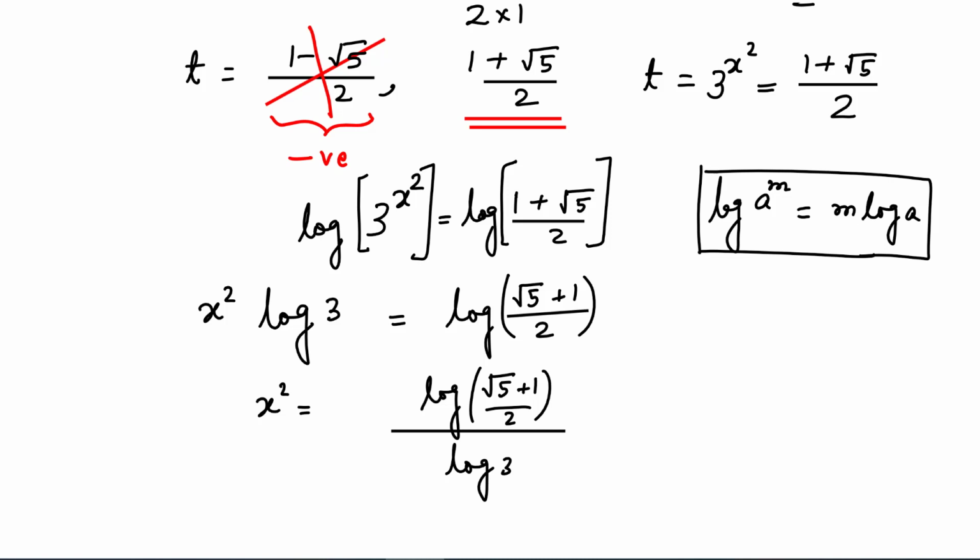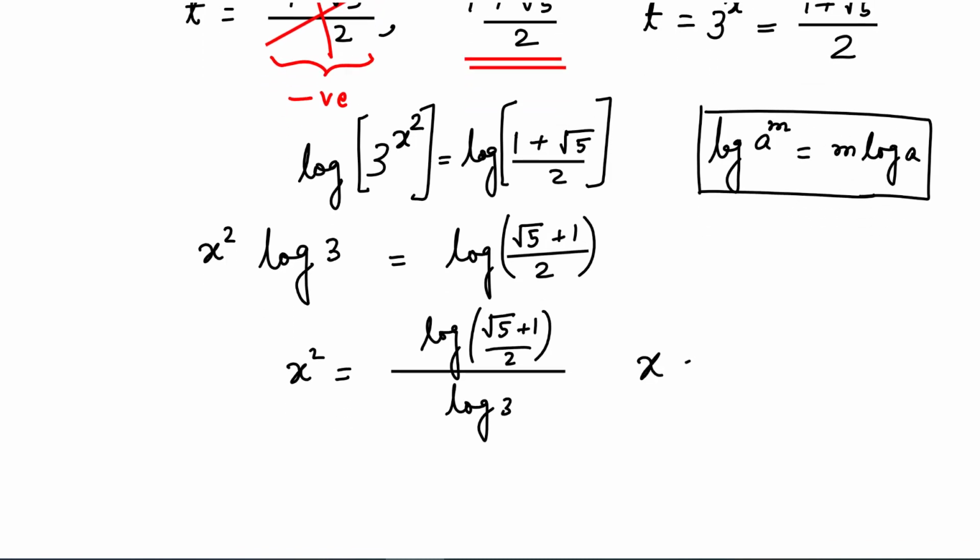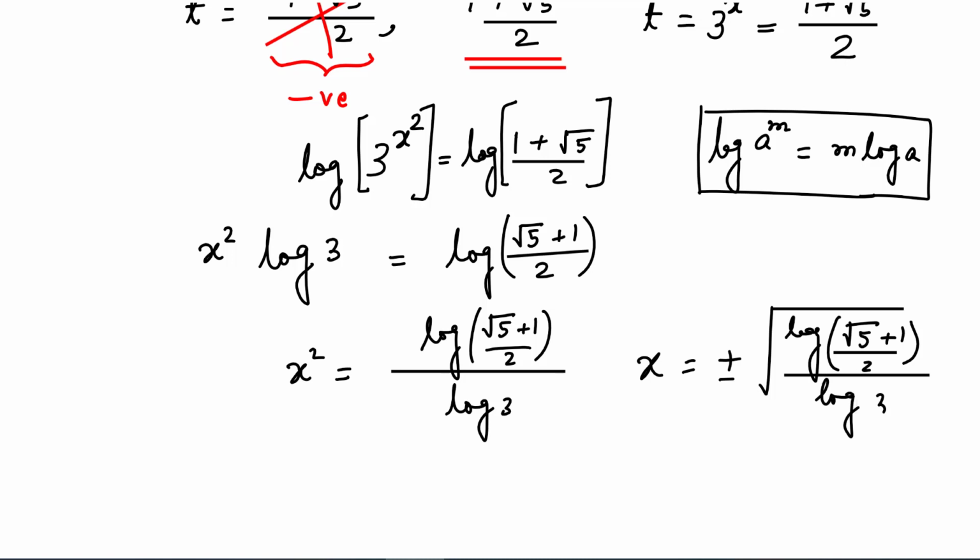So this is the value of x square. So x will be basically the square root of this, that is plus minus the square root of log of root 5 plus 1 by 2, divided by log 3. So this is the final solution, and this is the value of x.